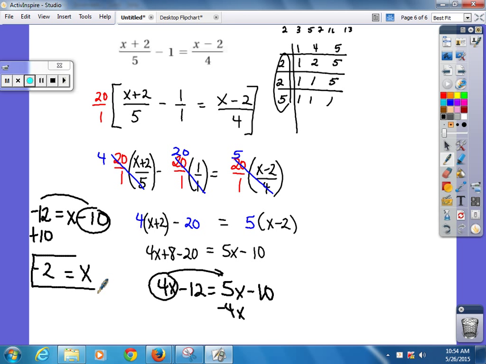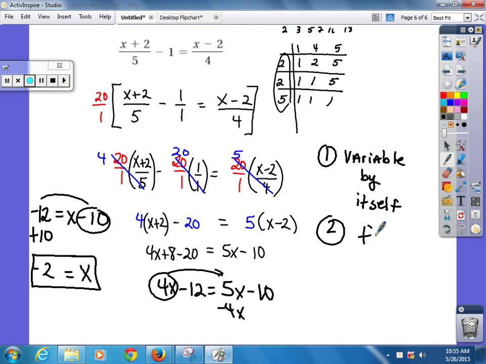A lot of people say, well, you weren't worried about the negative 12 or the positive 10. No. Have I ever said anything about making the number positive? You have two objectives in algebra. One, get the variable, what? By itself. And if at all possible, try to keep it what? Positive. That's your two objectives.